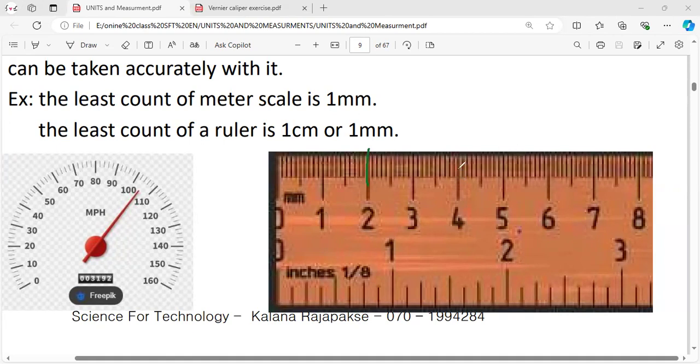Let's say this is 4 millimeters, and adjacent to the 4 millimeters, what is the smallest unit? The distance is 1 millimeter. And for the inches, it is also the same. The distance between these two lines is the least count of the inches scale of a meter ruler. But commonly we say it is millimeters.